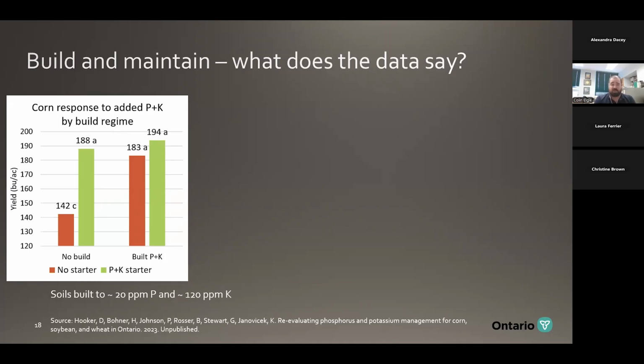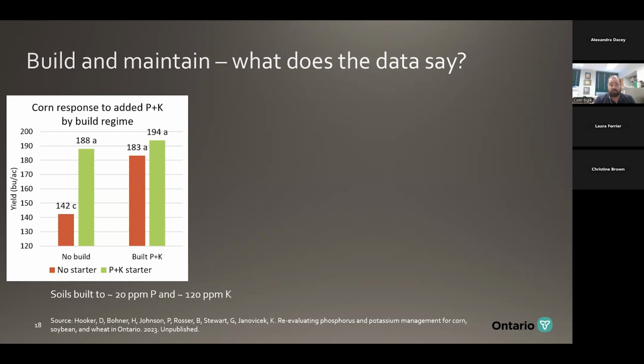So what this shows is that the build and maintain approach really does increase our yield plateaus, our lower ends of our yields. If we look at the no starter, the orange bars in each case, where no fertilizer was added, we've got a lot of reserves in that built soil, that moderate testing soil already, that we've essentially got a 40 bushel yield response in corn without any starter fertilizer.